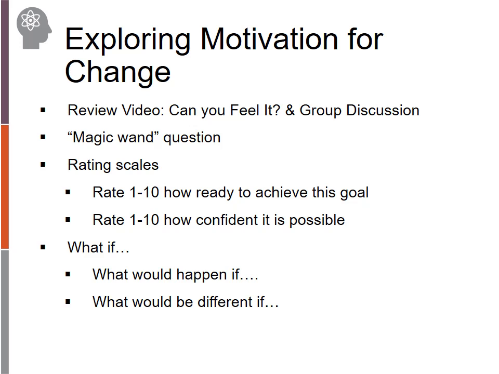The subsequent questions depend on the student's answers to the magic wand question and are designed to get them to consider where they are on the path to achieving that identified goal and what might be different if they achieved it. Encourage the students to think about things that are realistically achievable, avoiding things like, "I wish I could read minds," and instead framing it into something like, "I wish I understood my emotions better."